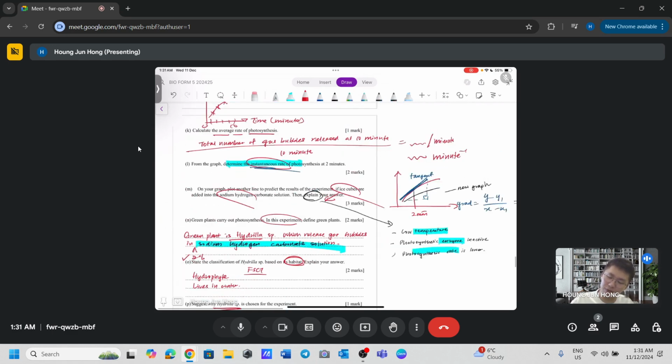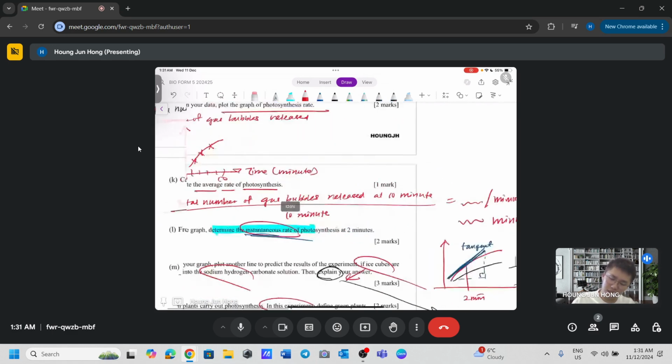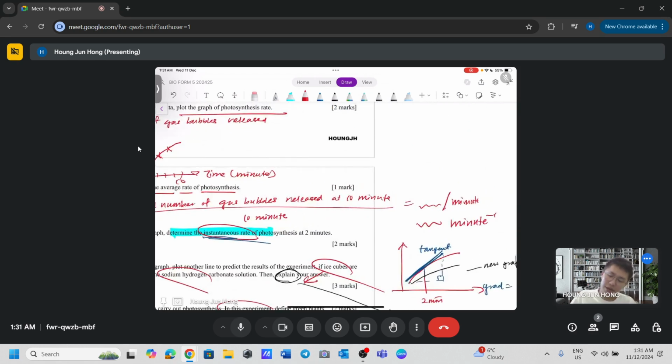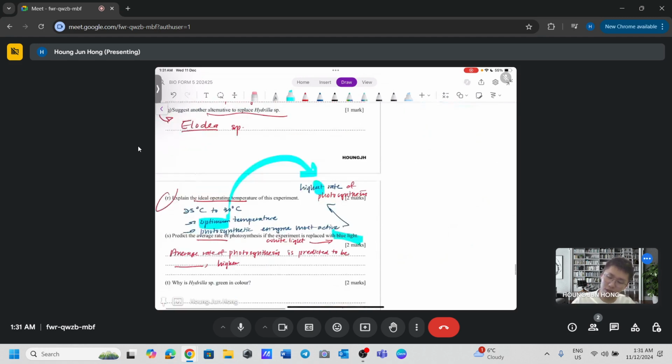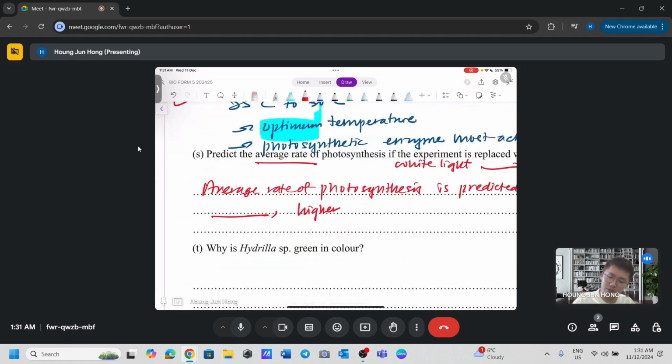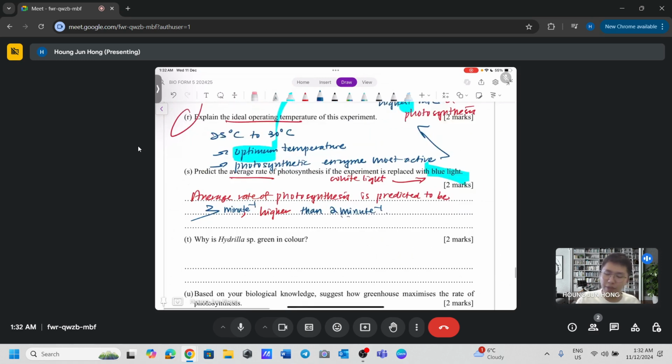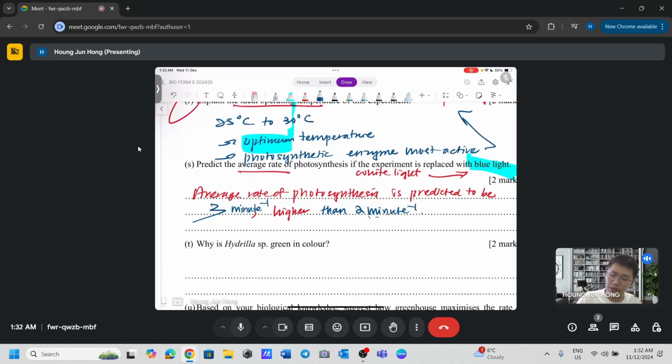Let's say the current experiment is 2, so you should improve from 2. Maybe you can put 3, for example, because this is higher than 2. As long as you're higher than 2, so 3 minute⁻¹, because this is higher than 2 minute⁻¹.